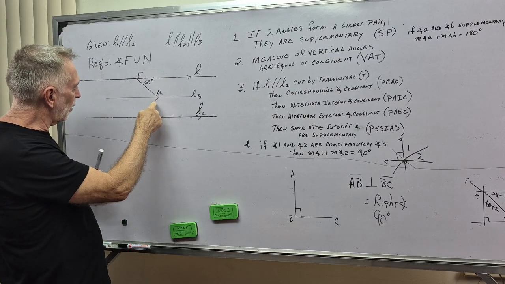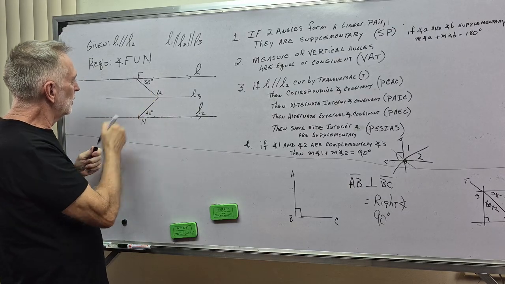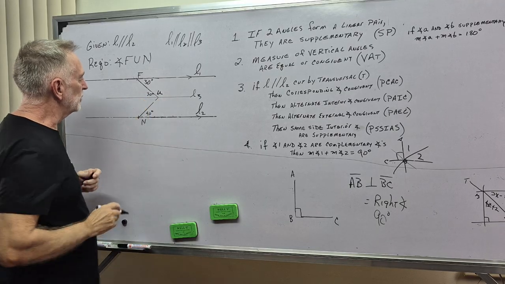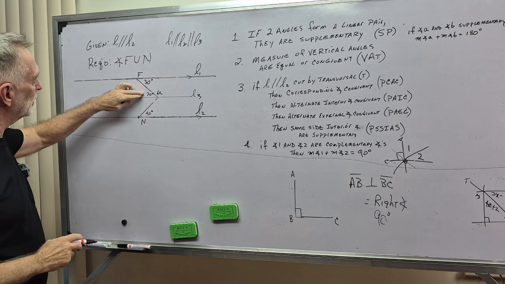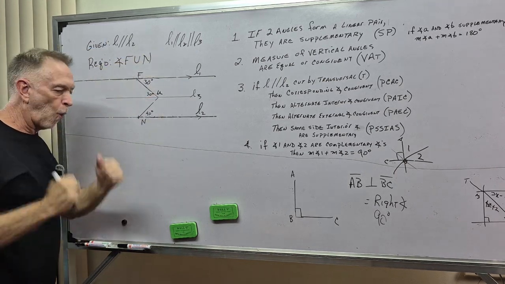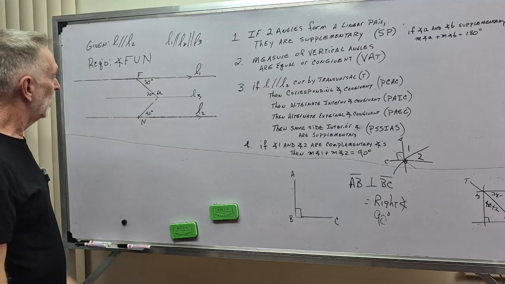So I'm trying to find all of angle U, but I've got a piece of it here that says, well, that one's 30 degrees because it's an alternate interior angle. It's internal to L1 and L3, but we're not there yet.